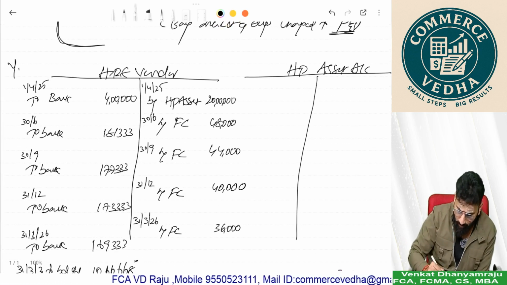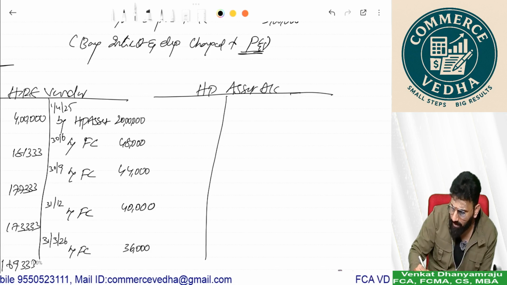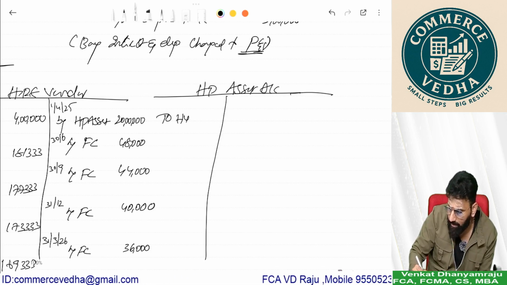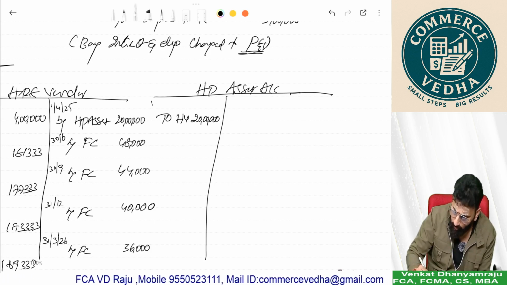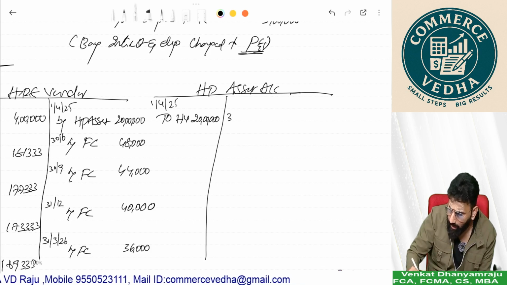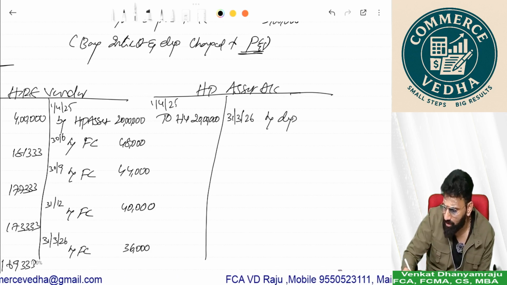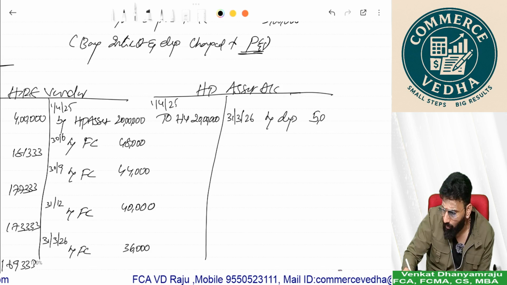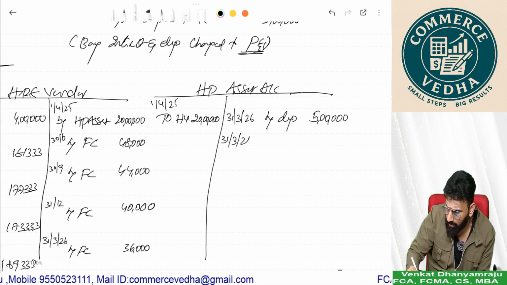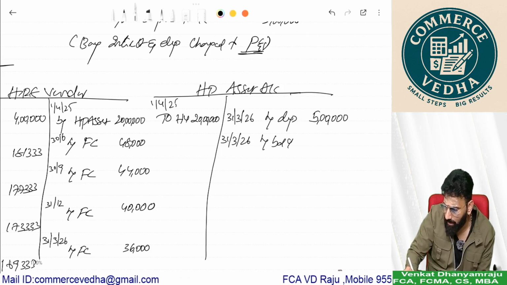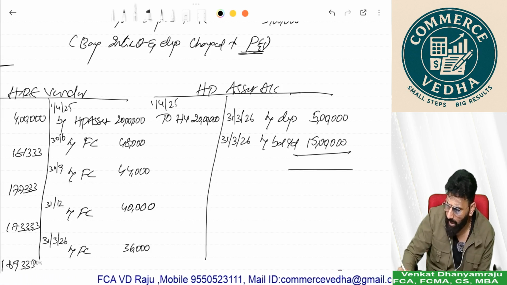This is year 1. And asset, as you purchase the asset from hire vendor, 20 lakhs on 1/4/25, and on 31/3/26 by depreciation 5 lakhs, and the same day by balance carried down 15 lakhs.